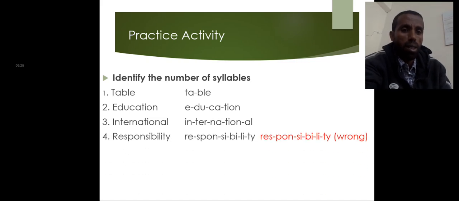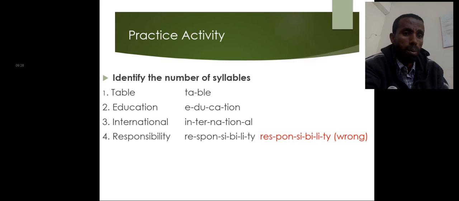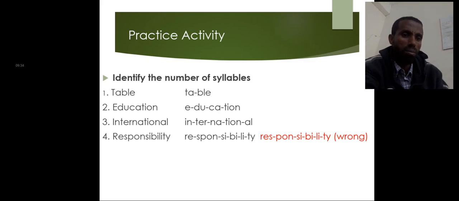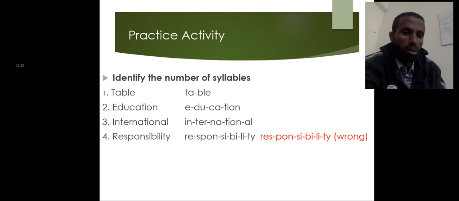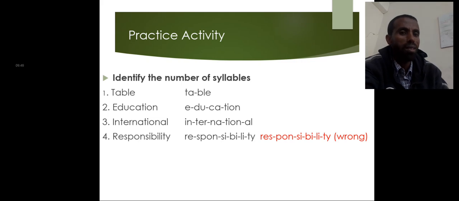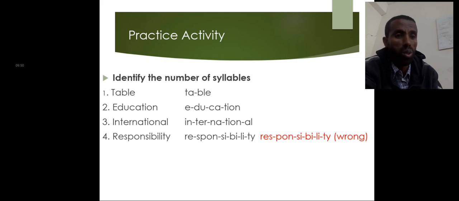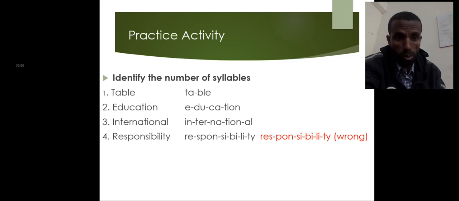Again, responsibility. I put the one in the red color to show you sometimes some people could classify it this way, but this is wrong. It should be responsibility, not respond. So the S should go to the second syllable, not to the first one, according to the maximum number of onset principle.